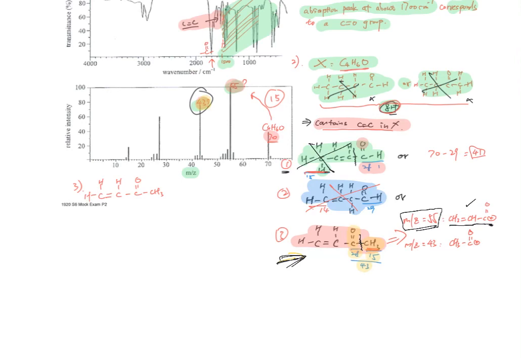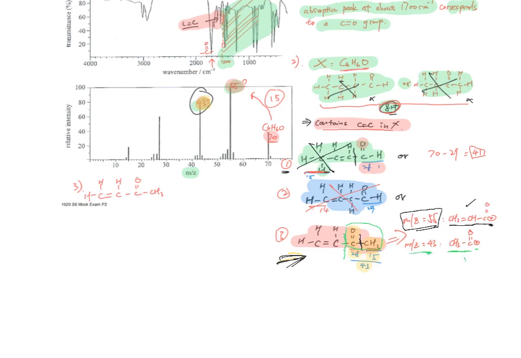And then for 43, you see which bonds will break. This bond and this bond will break, so the remaining part is this one, written from the right-hand side: CH3-C=O, and positive. So this is the peak at mass-to-charge ratio 43.